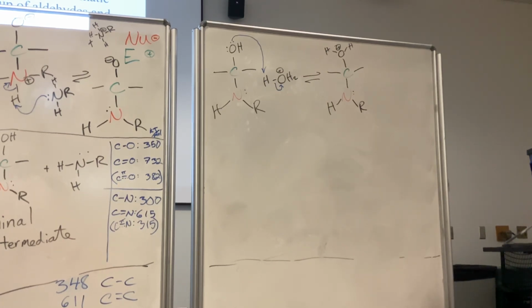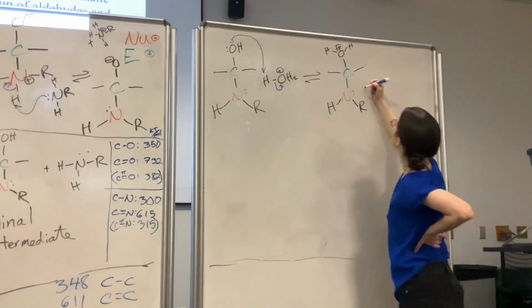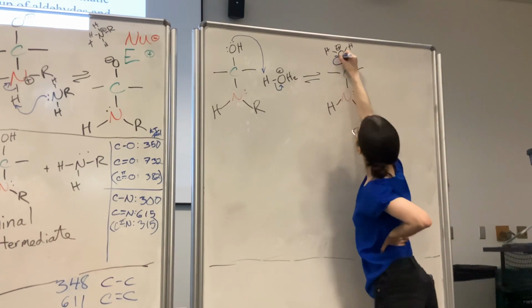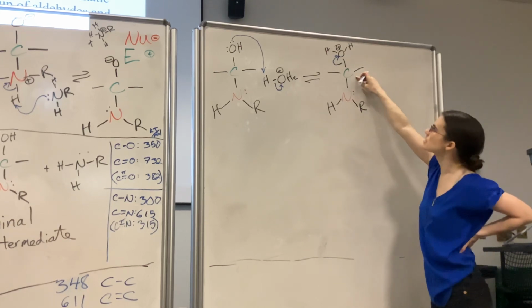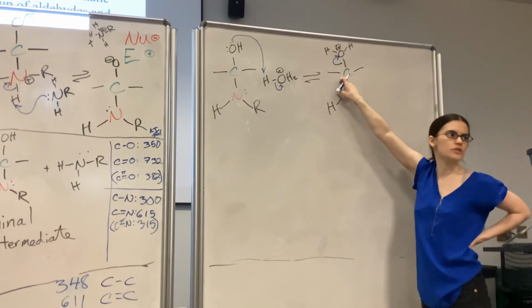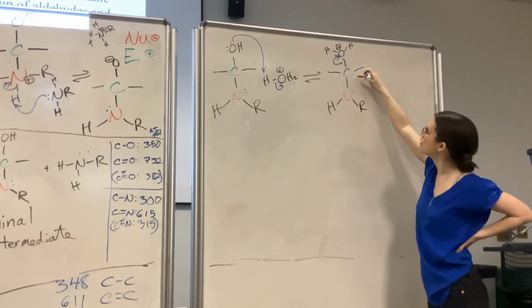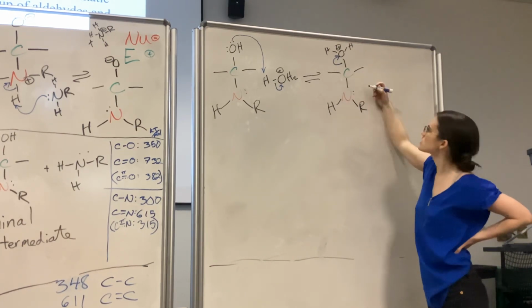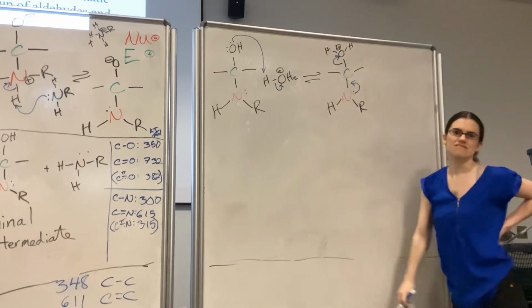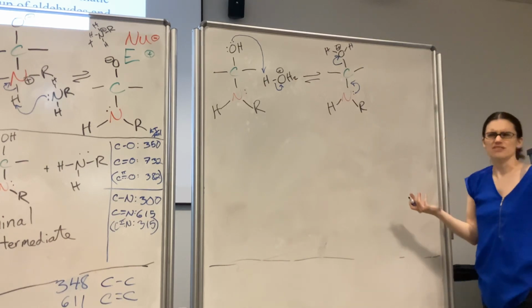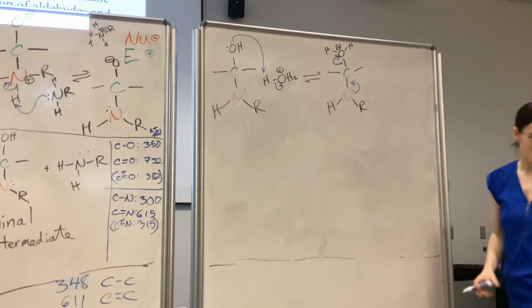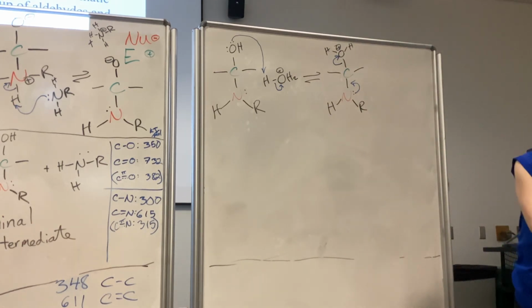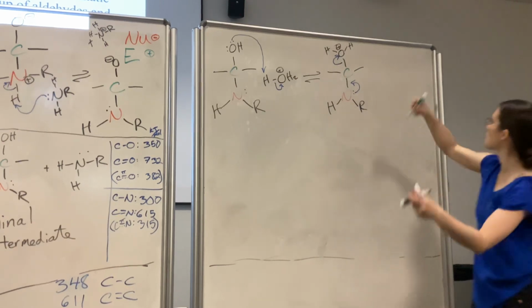So now, this guy is a good enough leaving group that it can peace out, and we could leave this so it turns into a carbocation, which will then resonate with the positive charge on both of those. But I'm just going to do this because it's going to be happier as a full octet anyway, so we're just going to draw it the way that is more representative.